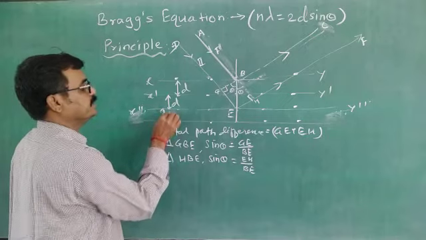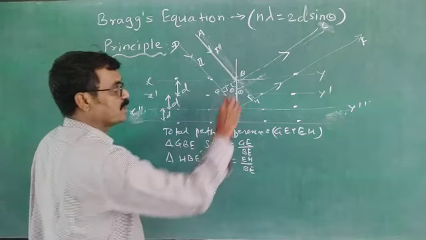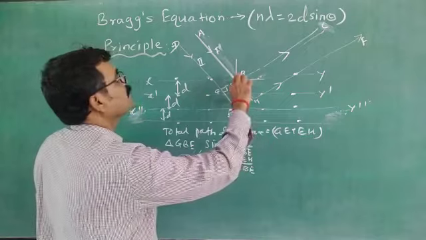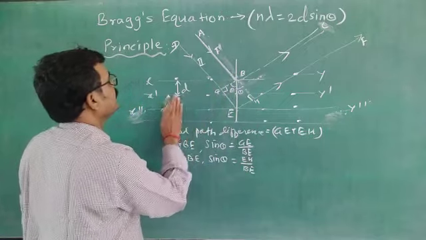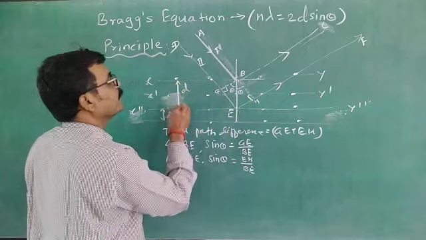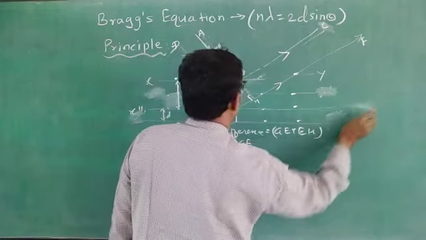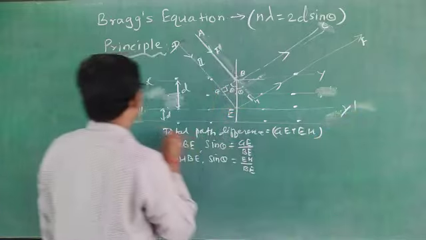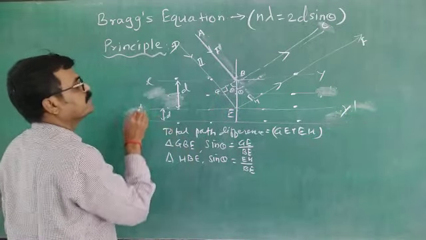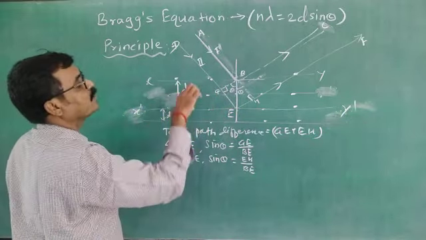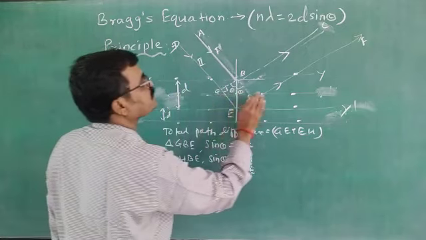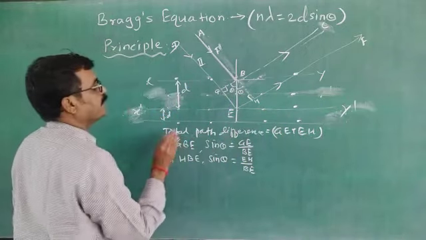This is d. What is the value of this BE? BE is nothing but d, the distance between two parallel lattice planes we have considered.